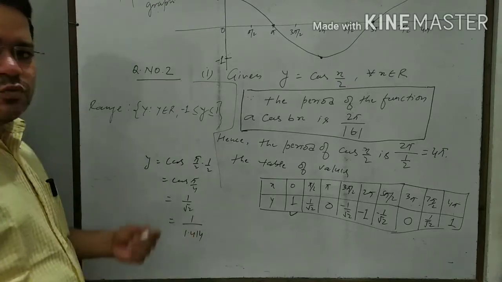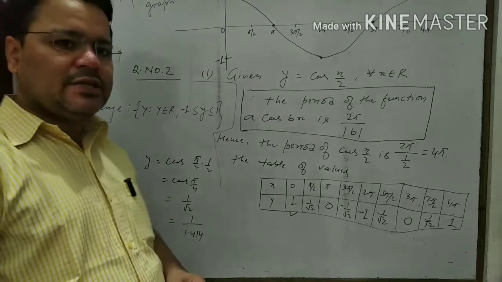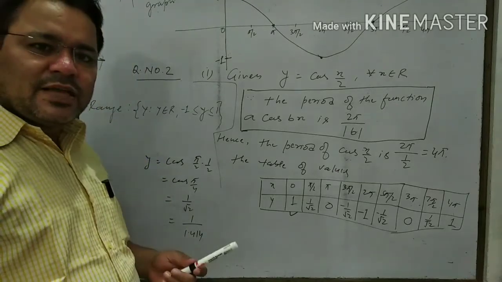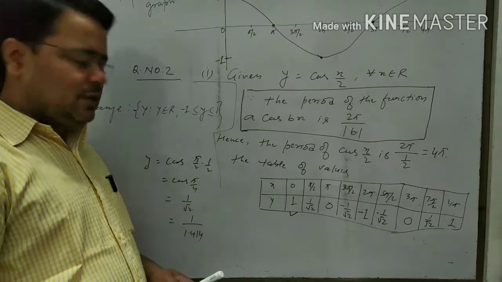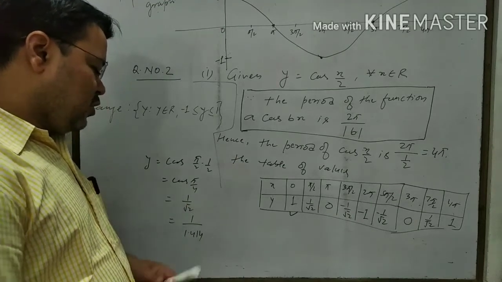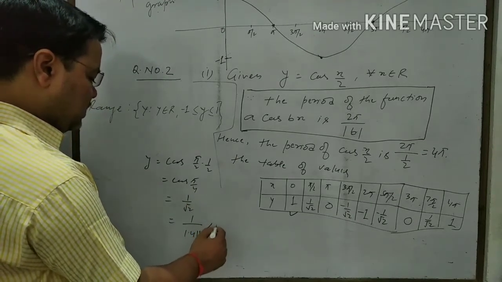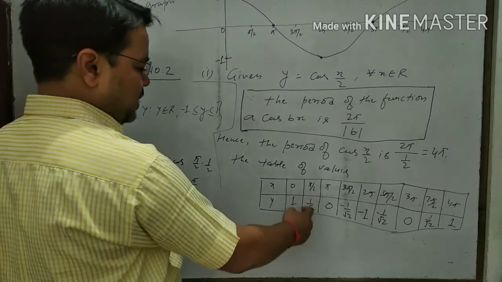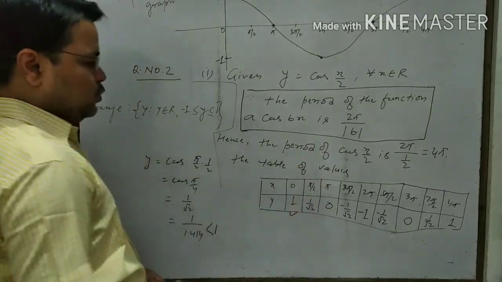If the numerator is less than the denominator, its value will always be less than 1. So its value will be less than 1.